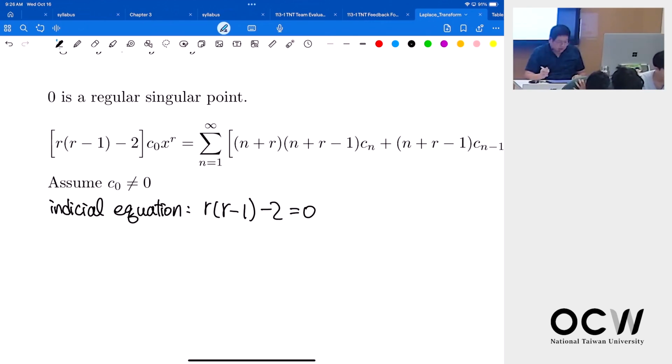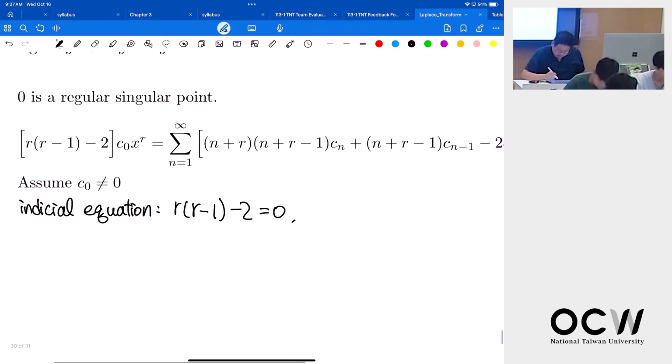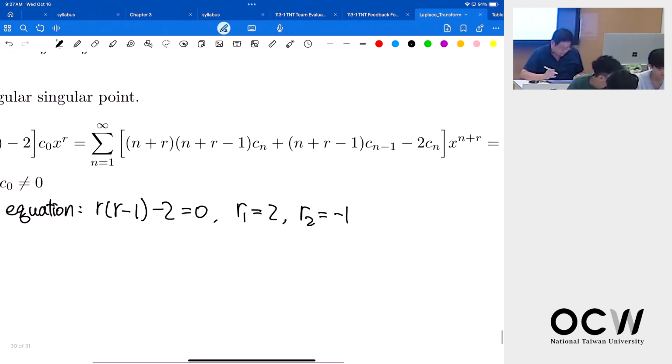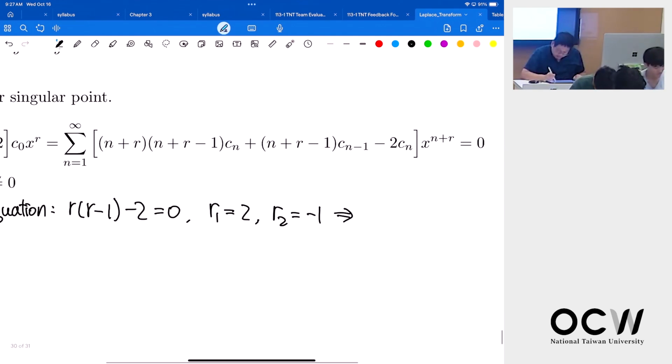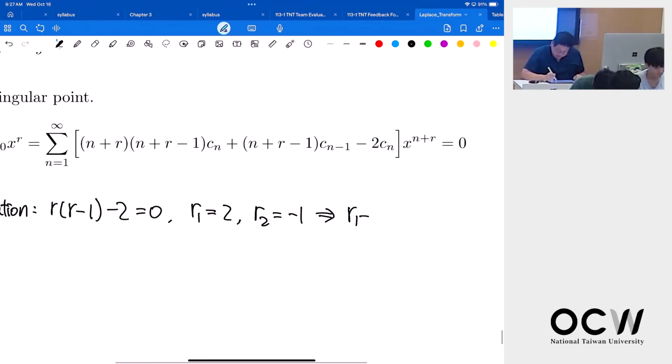So we have two answers, r1 and r2. You can see that r1 is 2 and r2 is minus 1, and you need to find the difference. The difference here is 3.